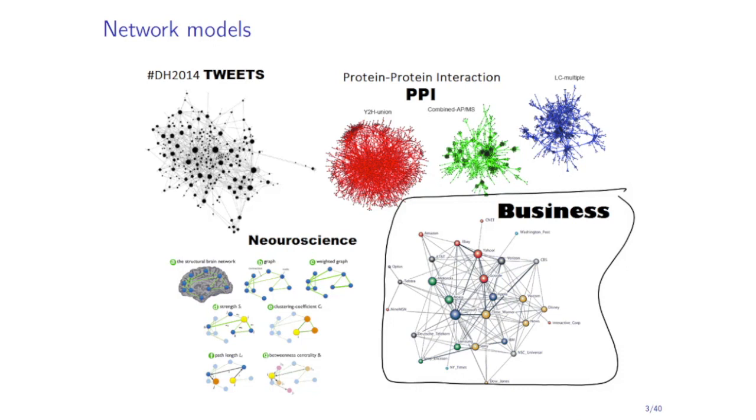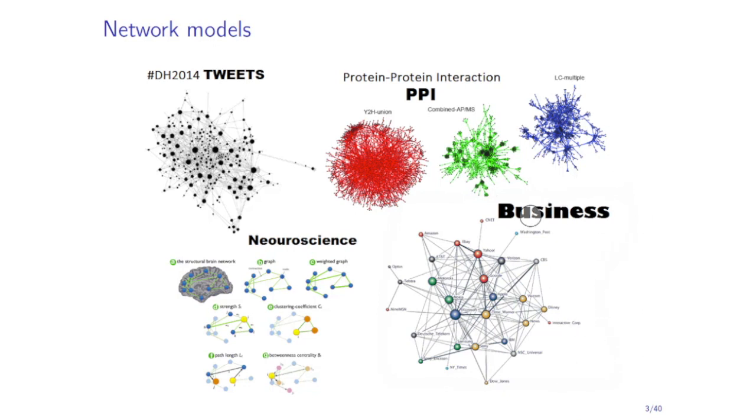For example, in here, between Google and Yahoo, you see a thick edge, which probably represents a stronger business between these two. So this is another example, and as I said, there are numerous examples in real life in which we are dealing with graphs and the problems that are defined on graphs.